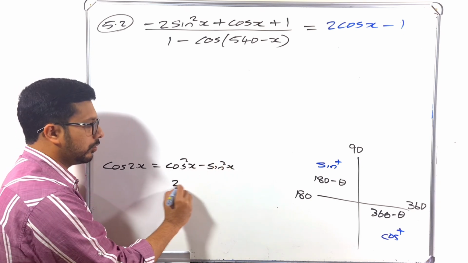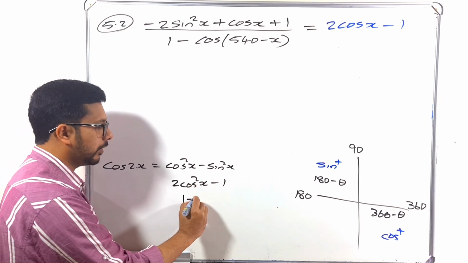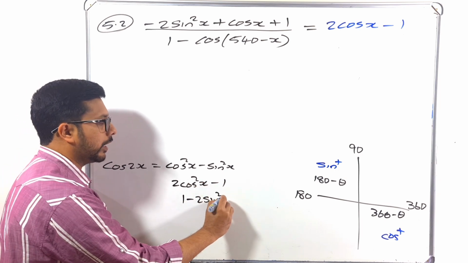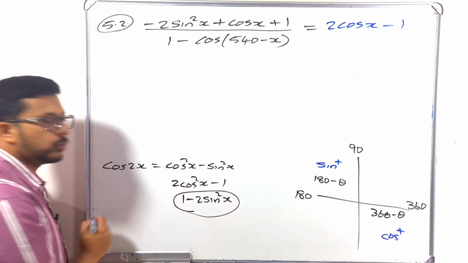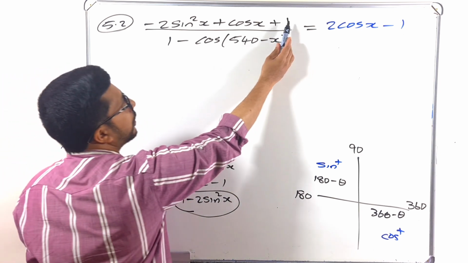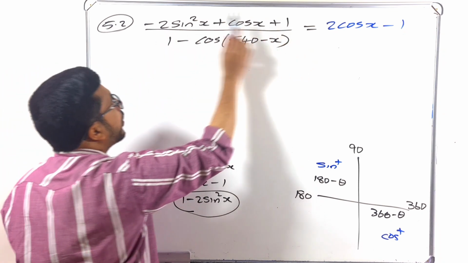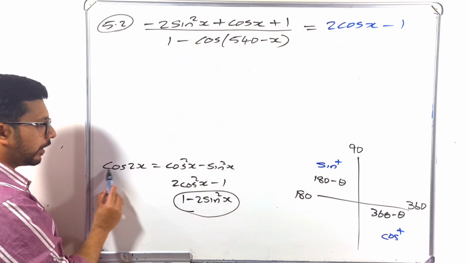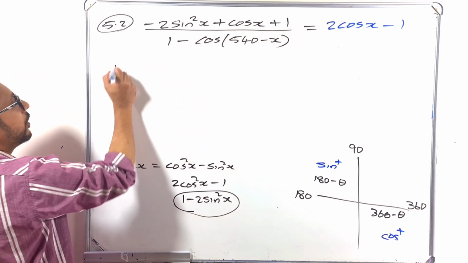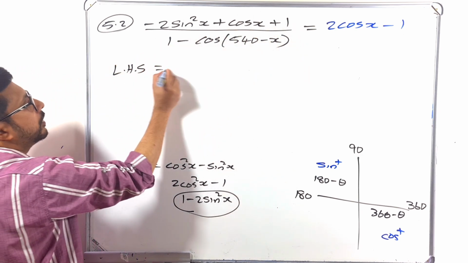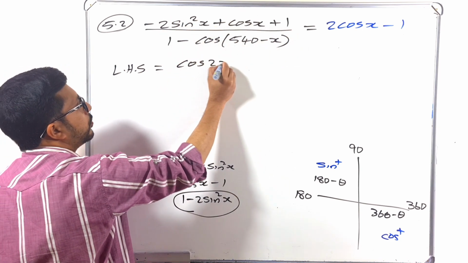Second one is 2 cos square x minus 1, and the third one is 1 minus 2 sine square x. So look at this, 1 minus 2 sine square x. We can write it as cos 2x. So for this LHS, the left hand side, this 1 minus 2 sine squared x, I'm going to write it as cos 2x.